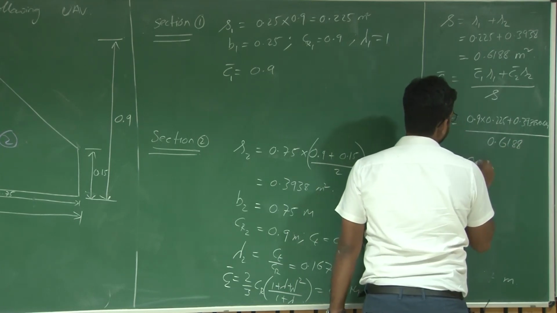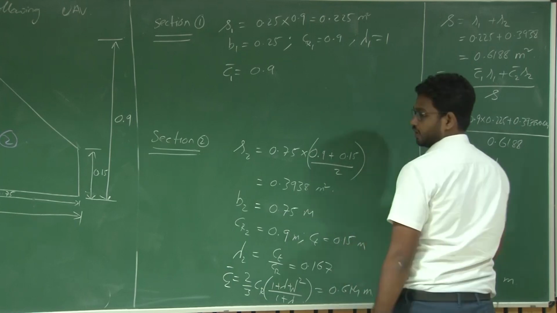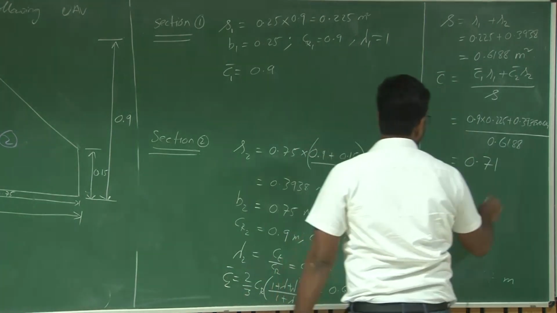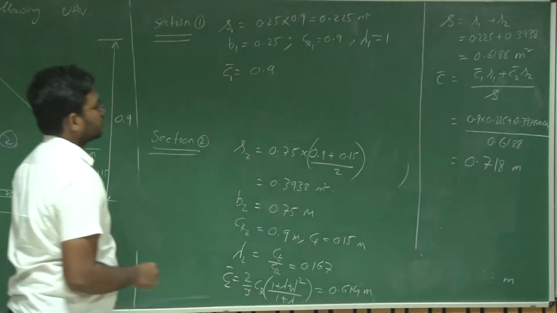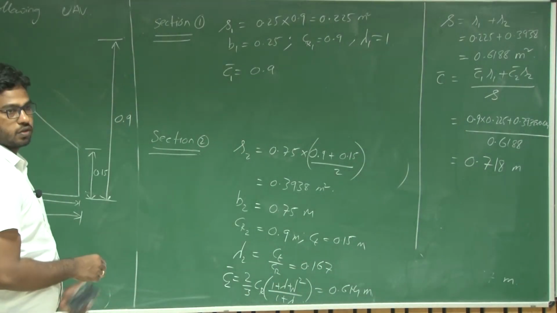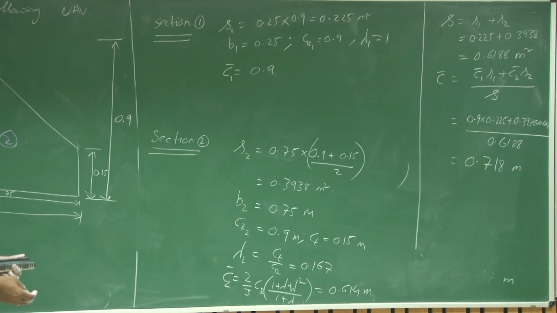This equals 0.718 meters. This is the mean aerodynamic chord for this configuration.